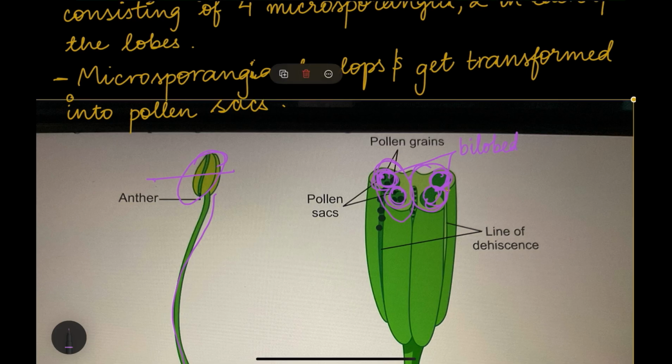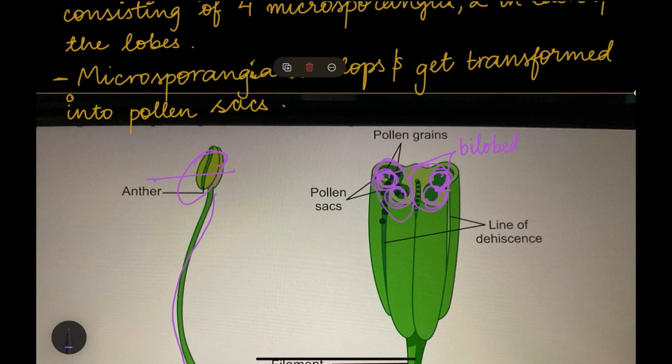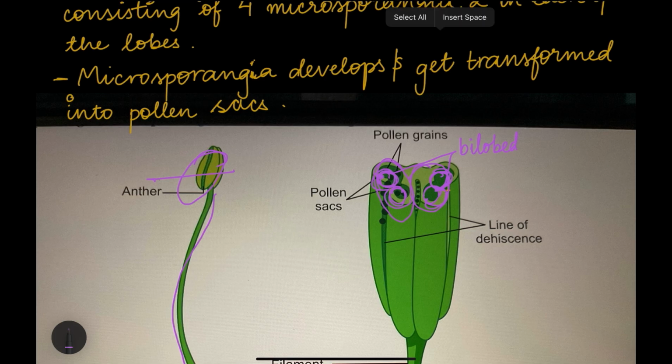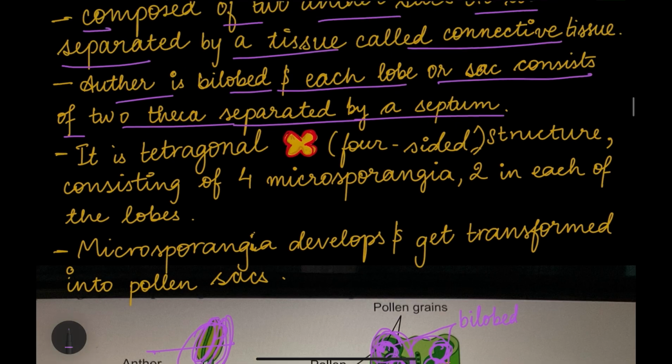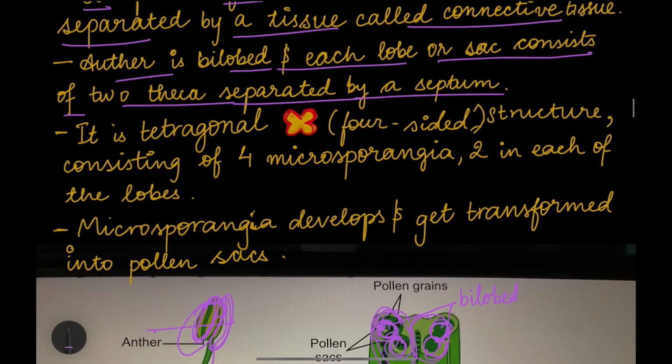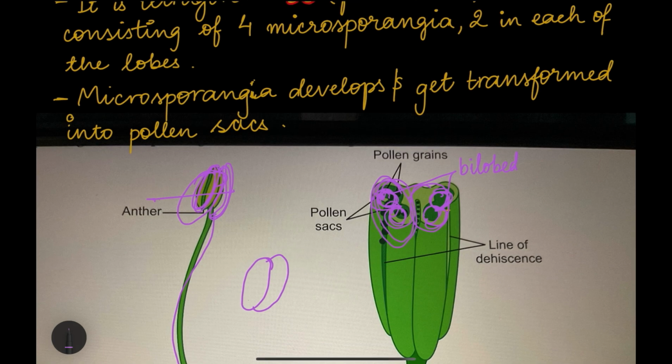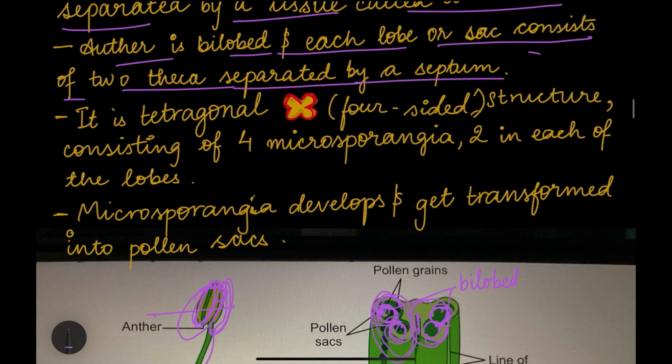In this diagram, you can see one lobe is this one and one is this one. Two lobes, and each lobe consists of two thecae. I hope it is clear. The anther is bilobed, and each lobe or sac consists of two theca separated by a septum. You can see a little bit of septum is visible.